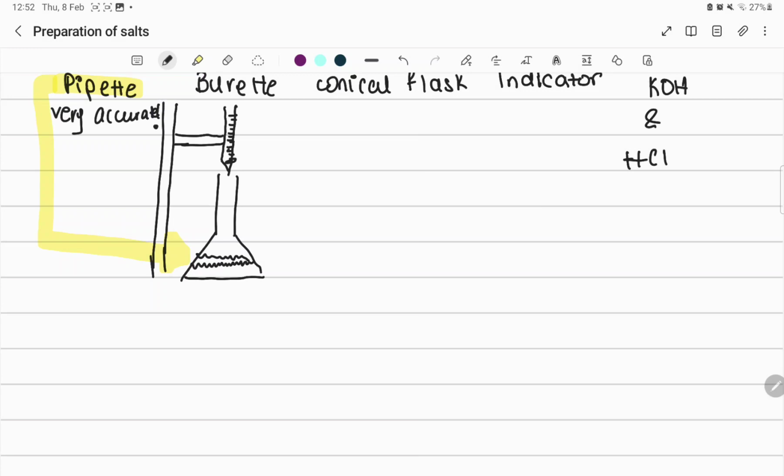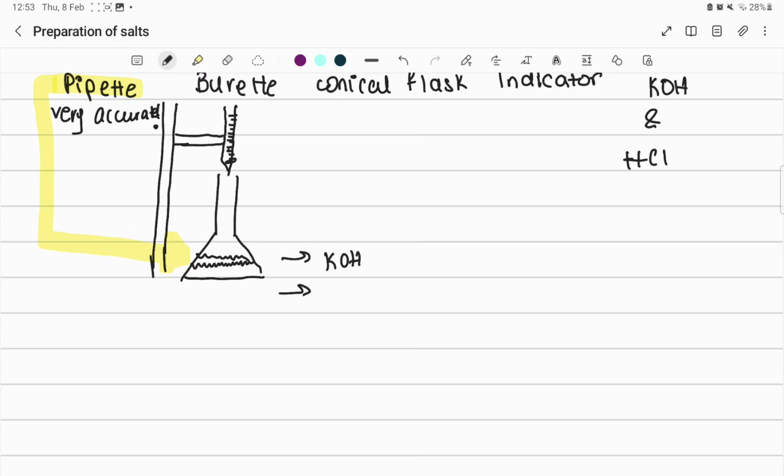So over here you have your potassium hydroxide, for example, and in the solution you also have an indicator. Usually it's litmus solution. However, they added the recent indicator thymolphthalein.